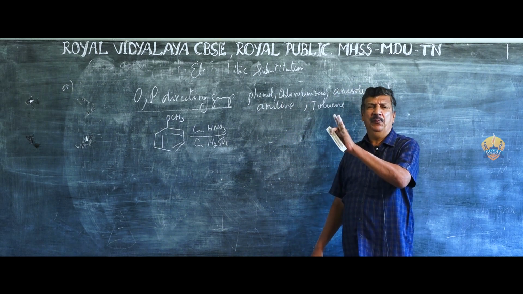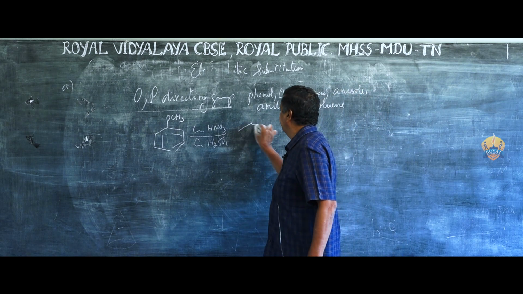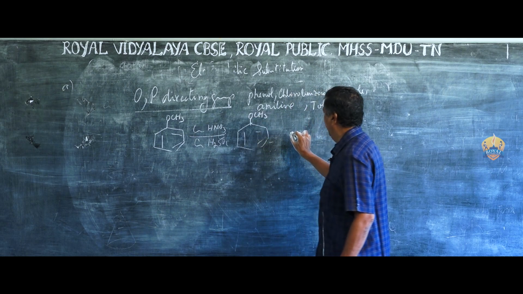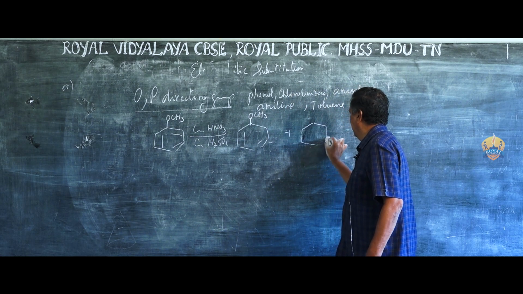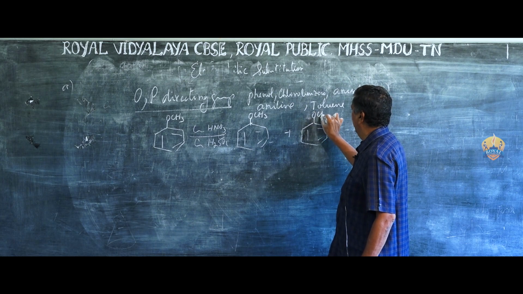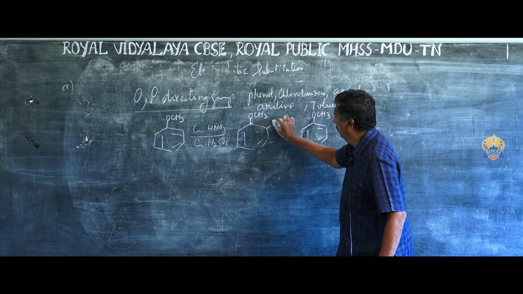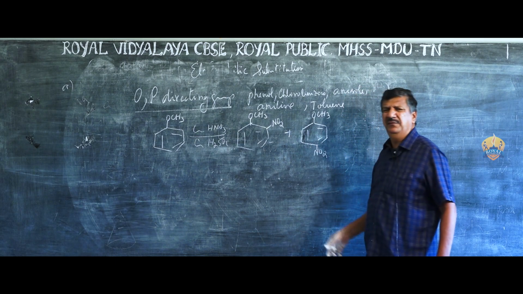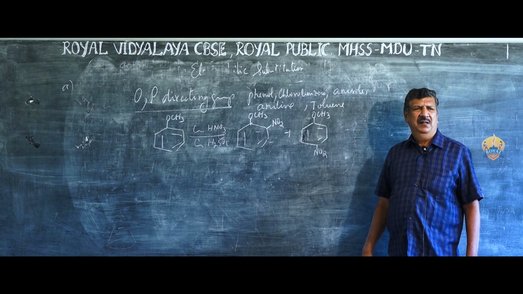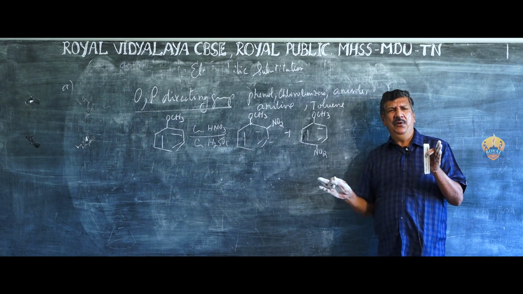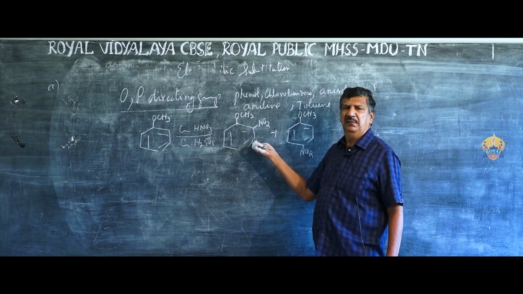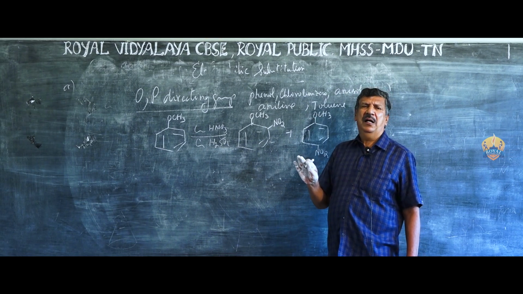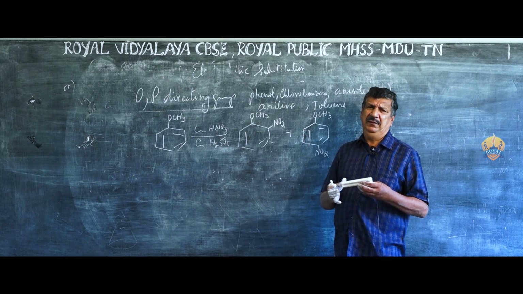Anisole means ortho-para. So what will you do? You write 2 anisole like this, one for ortho nitration, one for para nitration. That's all. The anisole will not allow the meta position for nitration. It is only ortho and para.